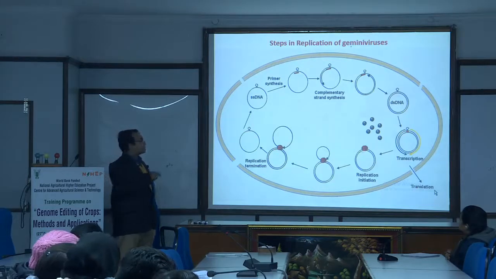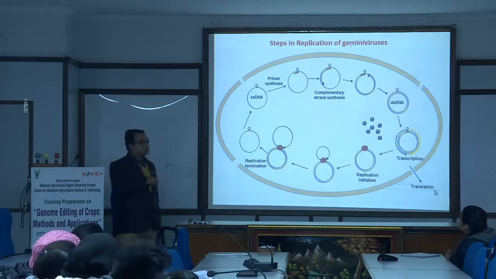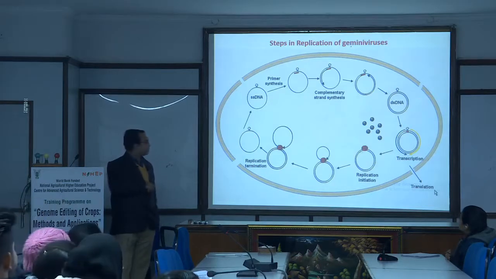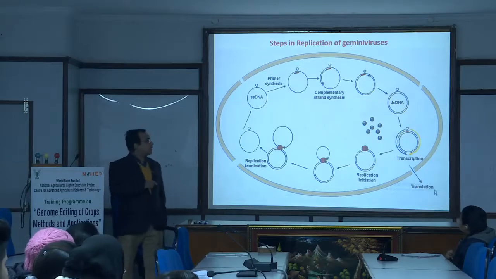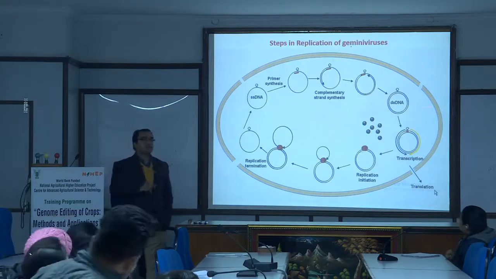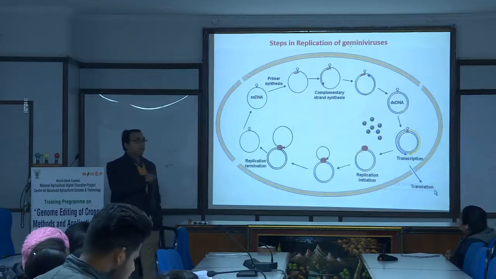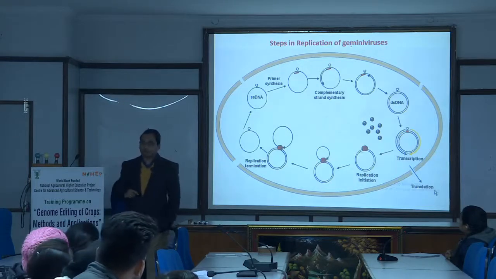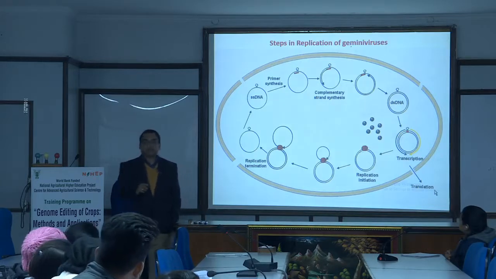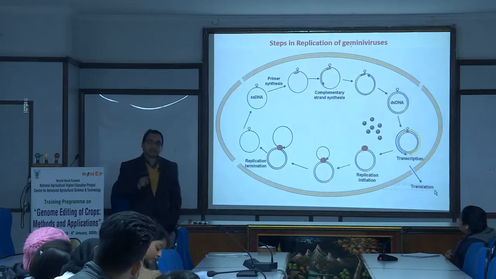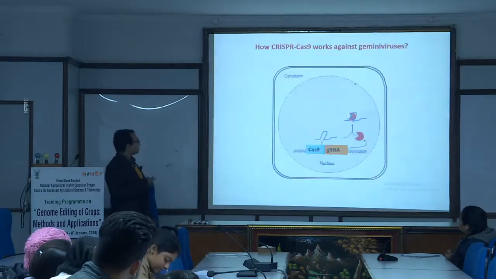So, for this replication event it always has to go through the double stranded molecule, and only then will the single stranded molecule be produced. If in any way we can inhibit this double stranded molecule, then the formation of the single stranded molecule will not be possible. That is why people try attacking the virus in the double stranded form using CRISPR-Cas9 technology.